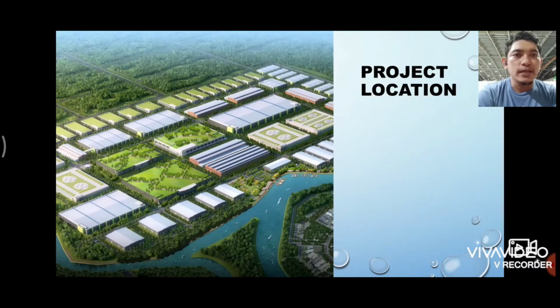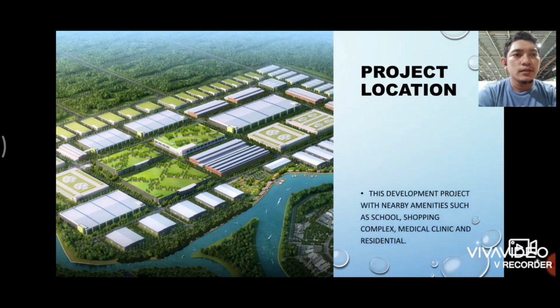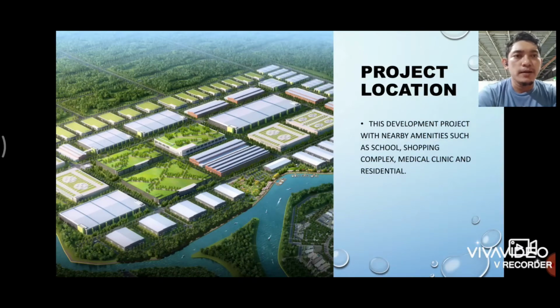After that, we can see here an illustration of this development project, which we can see from below the Langat River. This project has nearby amenities such as a school, shopping complex, medical clinic, and residential areas, which lead to the problem statement for this proposed development project.